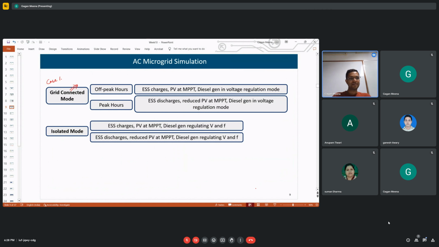For reducing losses, for neutral current compensation, for load balancing, and better utilization of electrical equipments, all these are different uses for the distribution system. One classic example is railway. In railways, three-phase supply is divided into three phases, and then because there are different platforms, different phases have these different platforms.